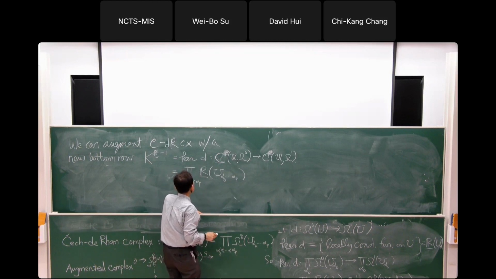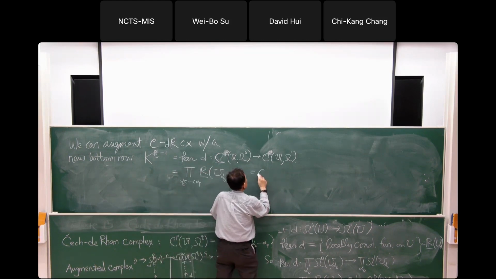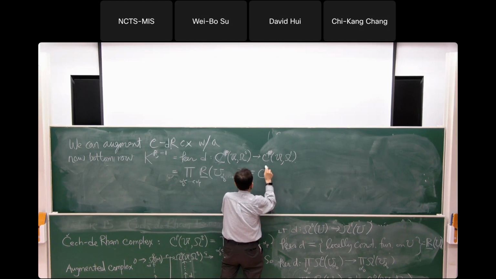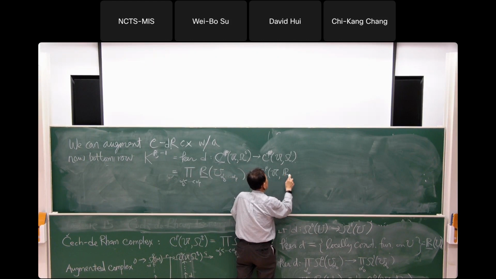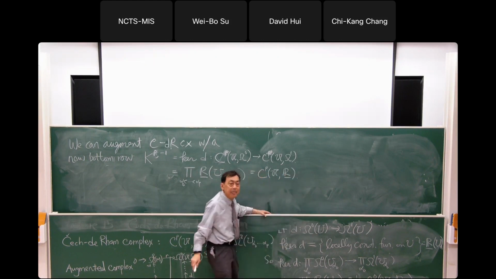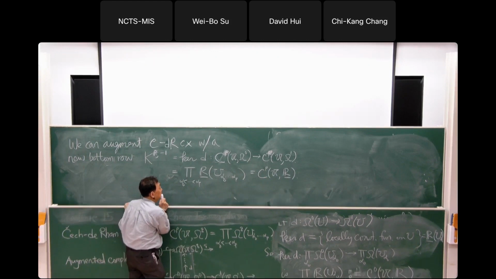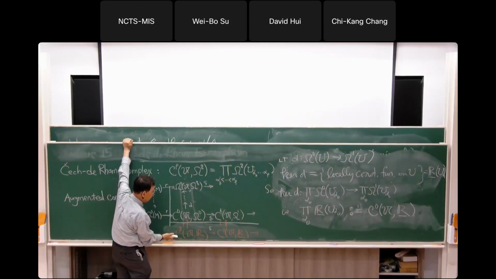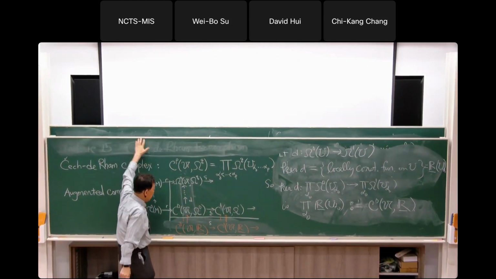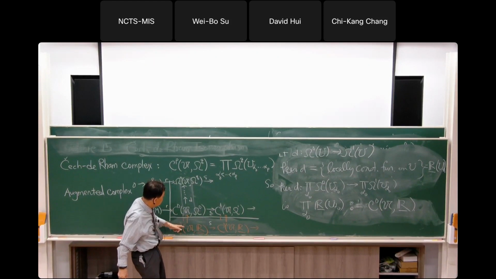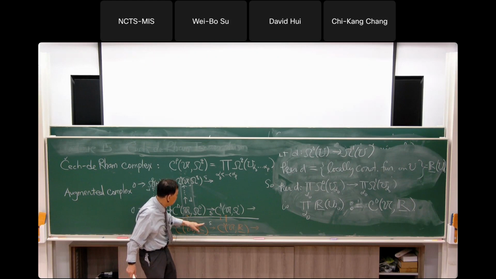Okay, and that's what we call CP of U R bar. Okay, so that is the new bottom row. The new bottom row. And this map is just inclusion. And then delta is the same delta.